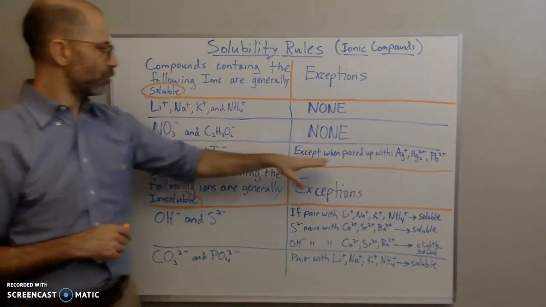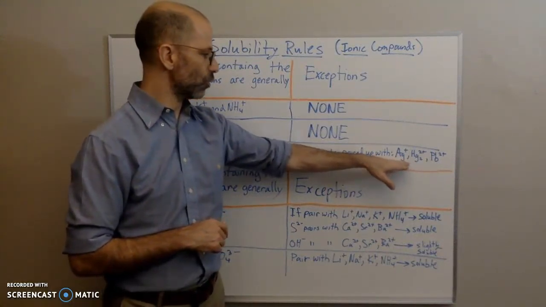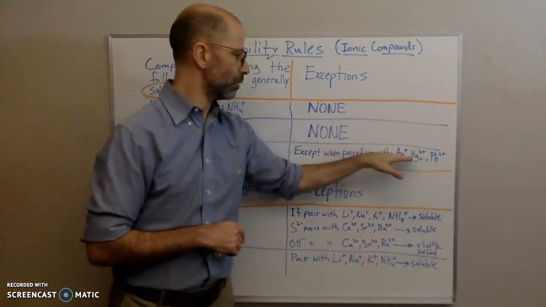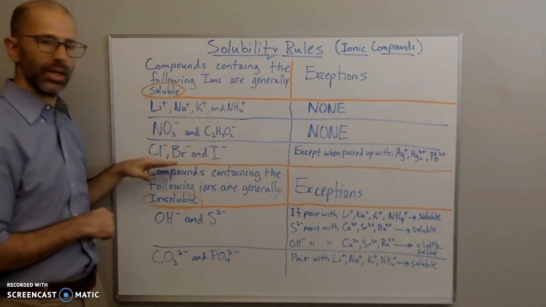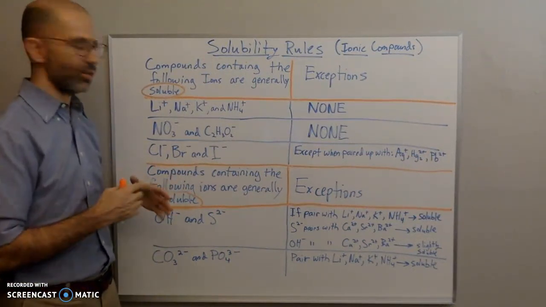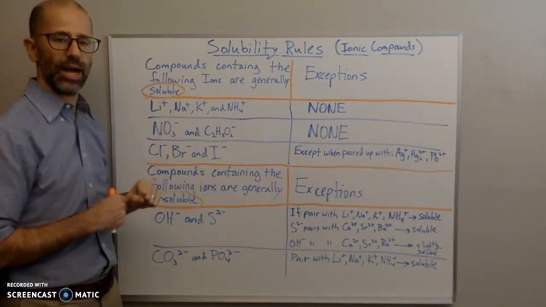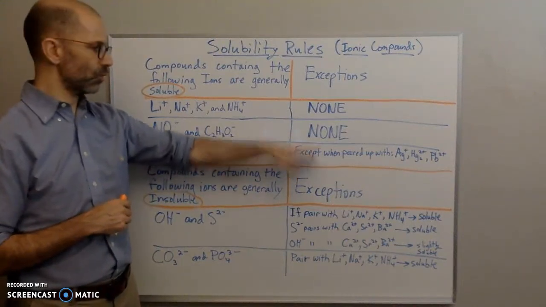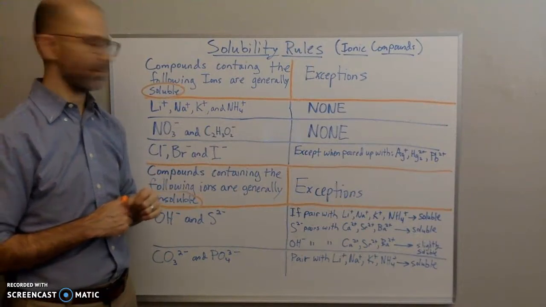So if you have an ionic compound that has silver or mercury 1 or lead 2, if you pair these up with any of these three, then that compound is not going to be soluble. Other than that, if you have chloride, bromide, or iodide in your ionic compound, those will be soluble. But watch out for the exceptions: silver, mercury 1, and lead 2 ions.